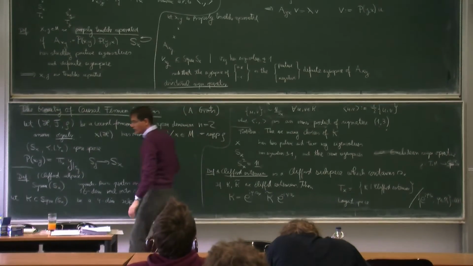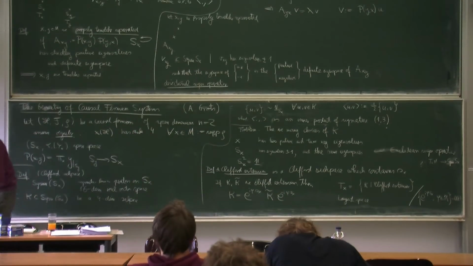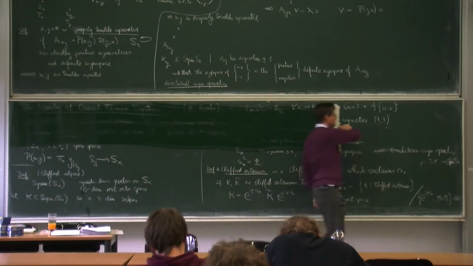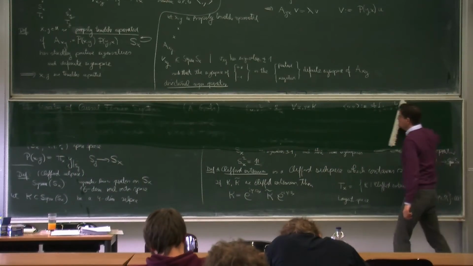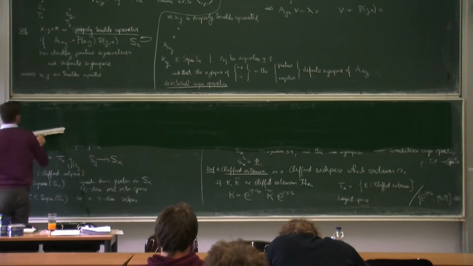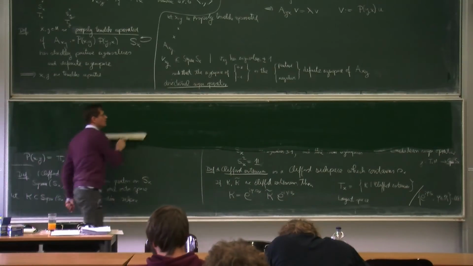So this means now at the point x we have two sign operators: the directional sign operator and the Euclidean sign operator, and then the hope is that this determines a unique Clifford subspace.